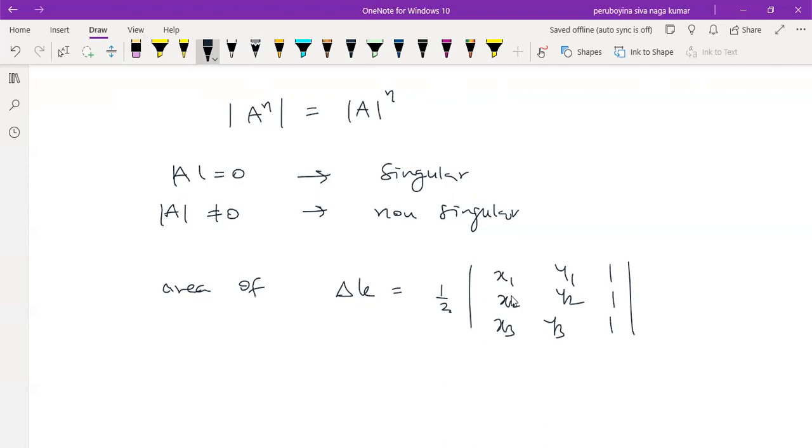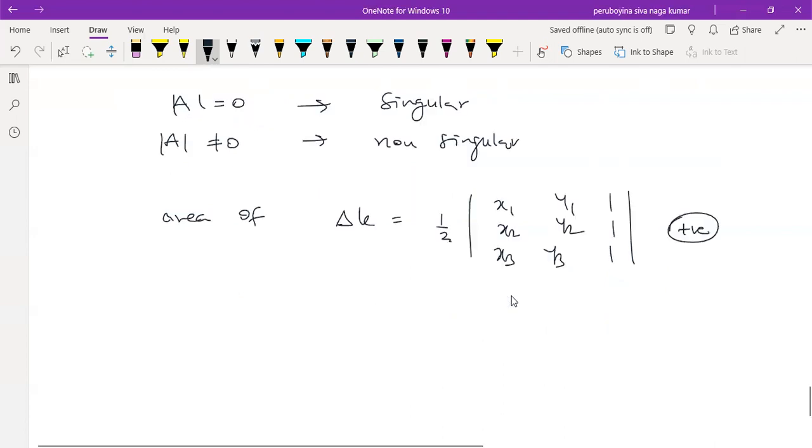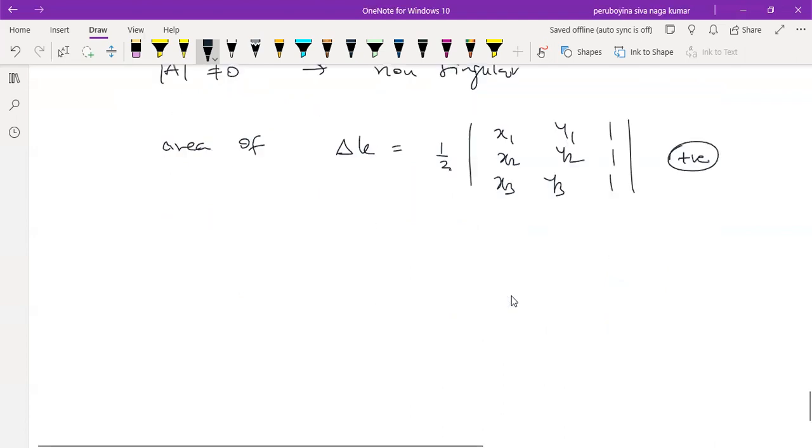Area of the triangle is always a positive value, because area cannot be a negative value. If delta means area of the triangle, if it was 0, that means the points are collinear.